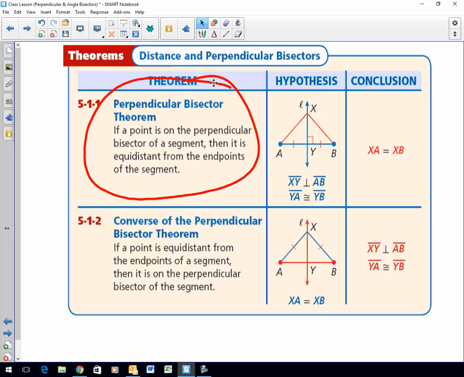If you start off by saying that XA and XB are congruent to each other, that means that XY must be the perpendicular bisector of AB.